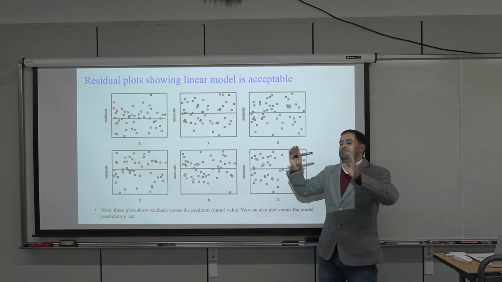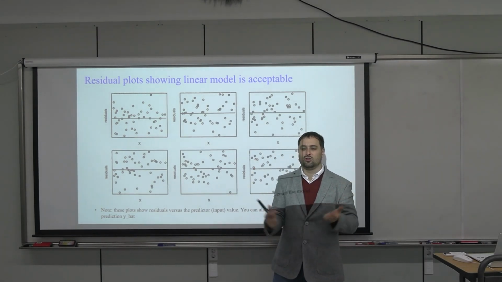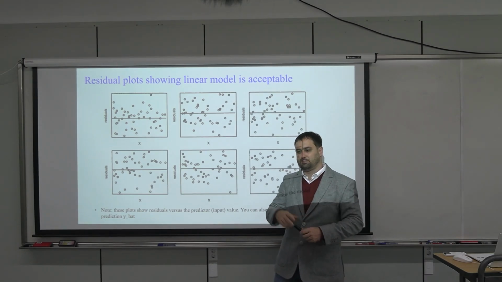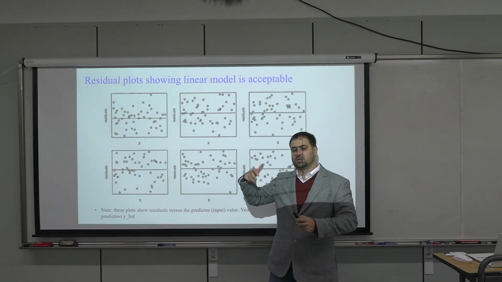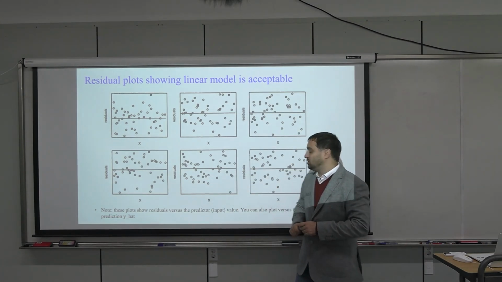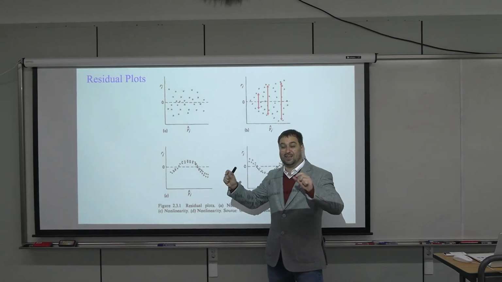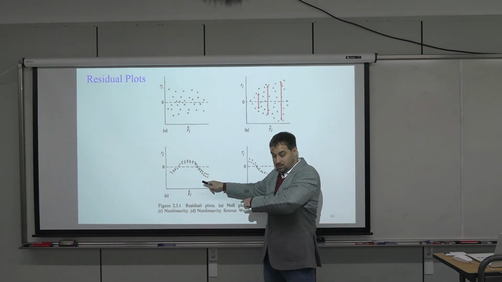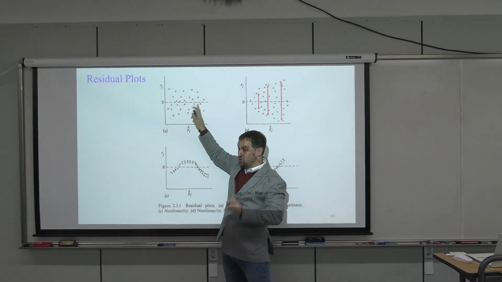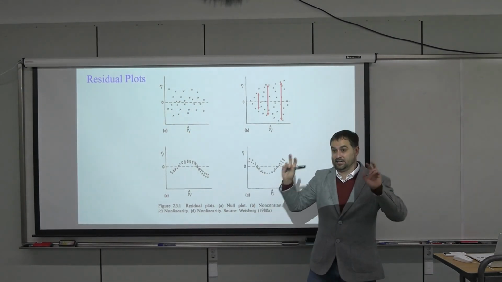Once again, all of these goodness of fit tests do not conclusively say this is a good model or this is a bad model. They just provide additional evidence of whether it's good or bad. Sometimes there will be a positive indication that it is a bad model, okay? But just because you have a good-looking residual plot, that does not confirm that the model is actually a good model.